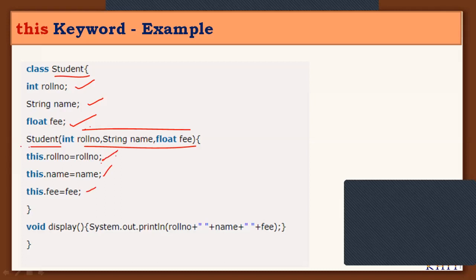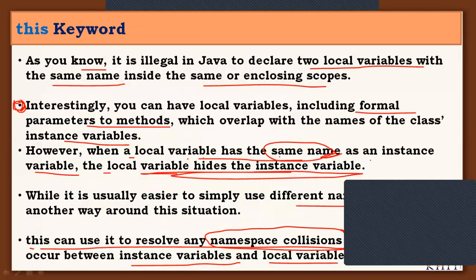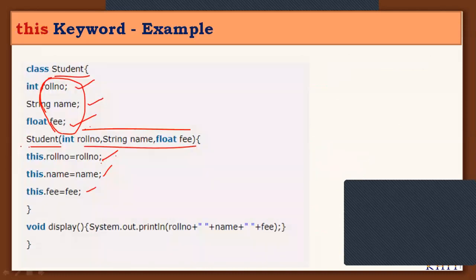So these are three variables having the same names as the instance variables. This is a problem here. These local variables hide the instance variables.